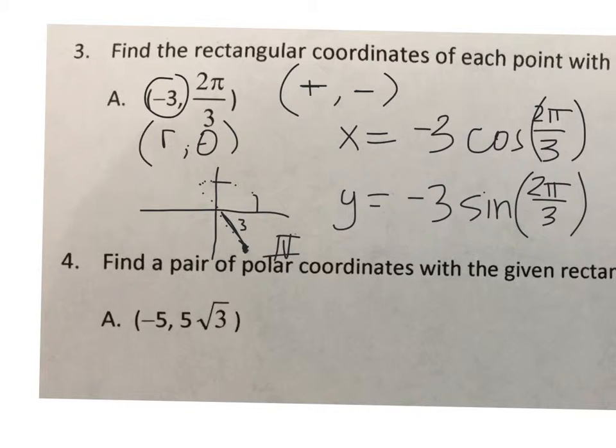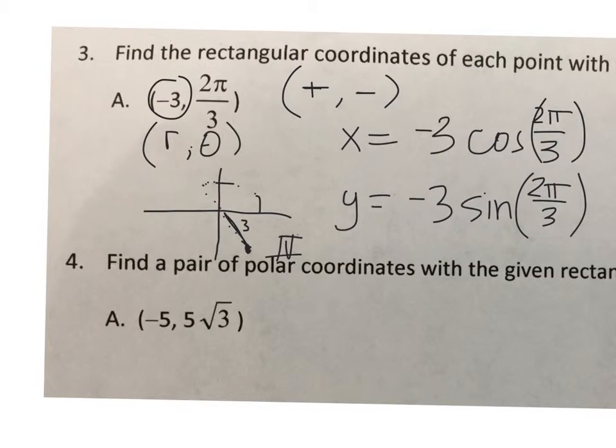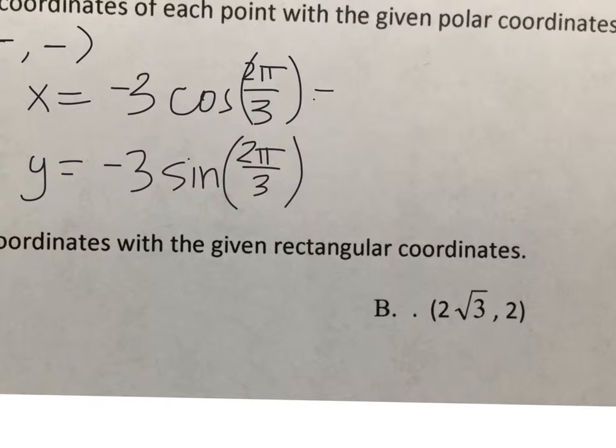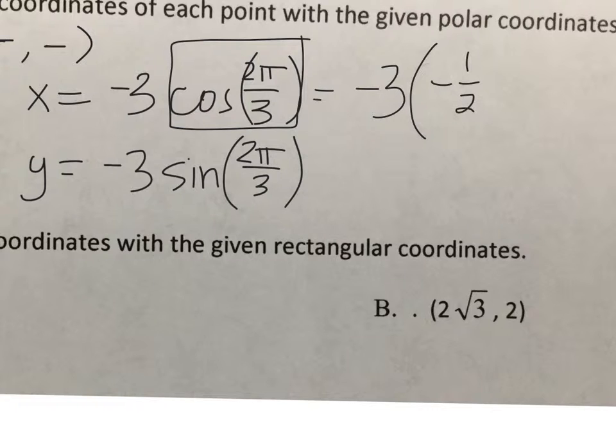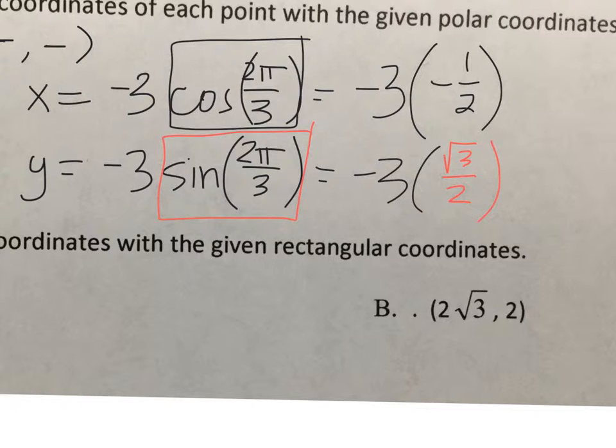Okay, and this is all we need to do to convert from polar to rectangular. So if you've memorized your unit circle, we know that the cosine at 2 pi over 3 is negative 1/2, and the sine at 2 pi over 3 is positive root 3 over 2.